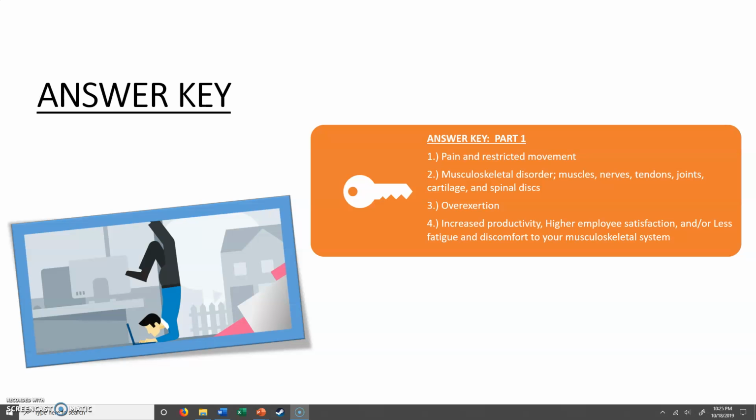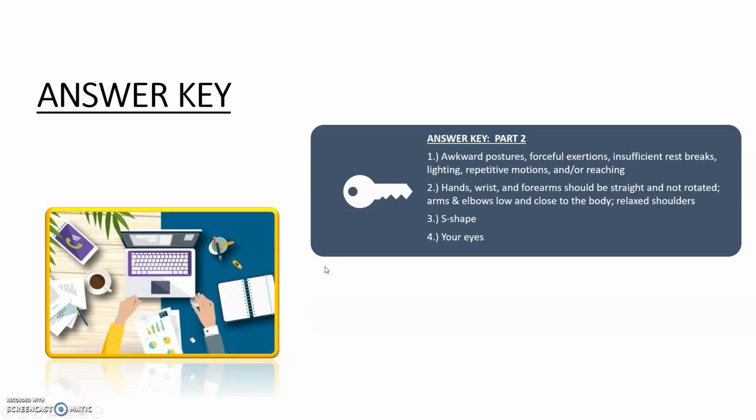Answers to the second part of your test. Number five, name two risk factors related to ergonomics. Either awkward postures, forceful exertions, insufficient rest breaks, lighting, repetitive motions, and or reaching.